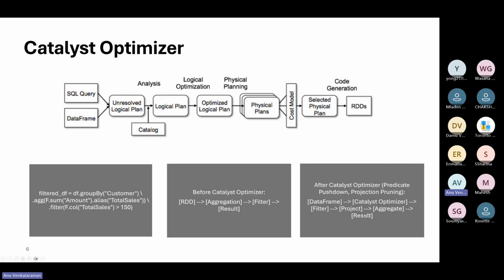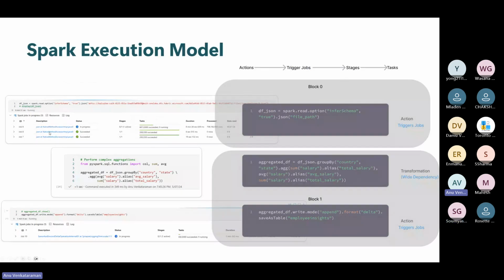But now the Catalyst Optimizer takes care of predicate pushdown, and it also does projection pruning, which selects only the columns that are needed. It also filters first, and then applies the aggregation and shares the result to the driver. So that's how it optimized the performance of the Spark job.